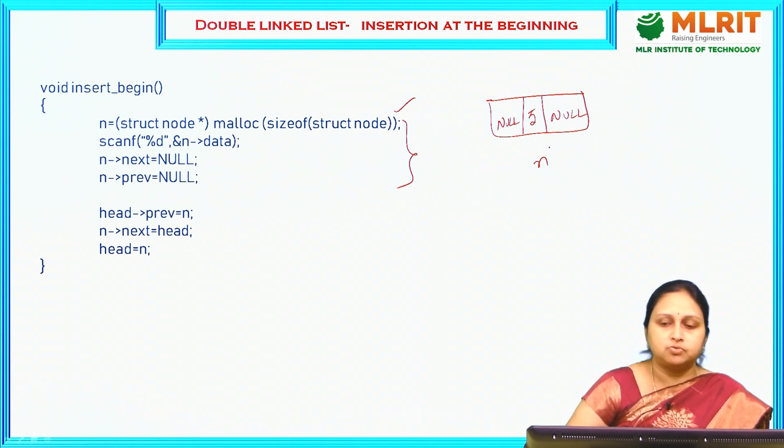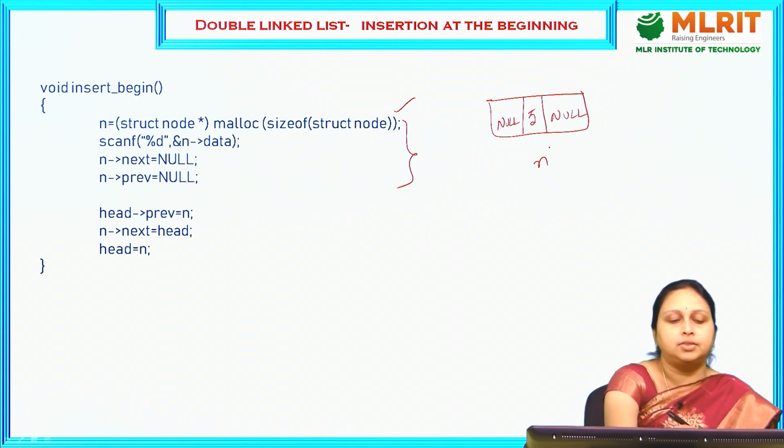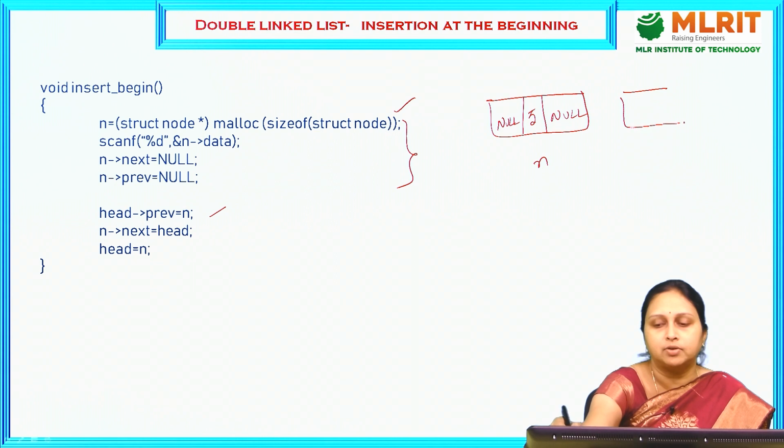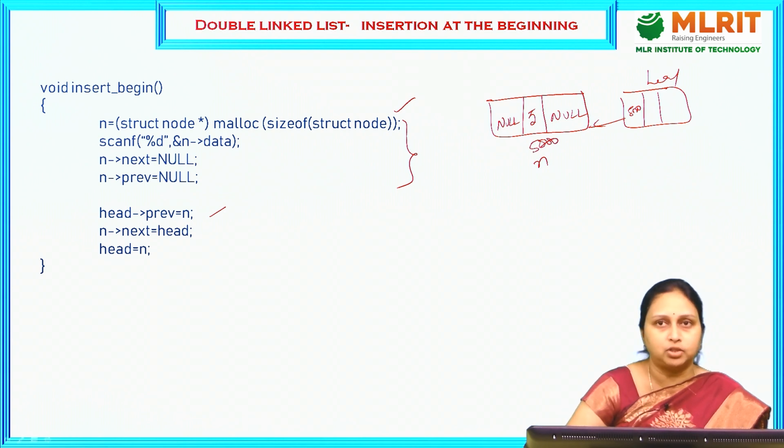These are the steps we use for creating a node. Now we have seen how to make the connections. Head arrow previous, if you consider this, is where we are going to store the address 5000. If you consider this as 5000, right?